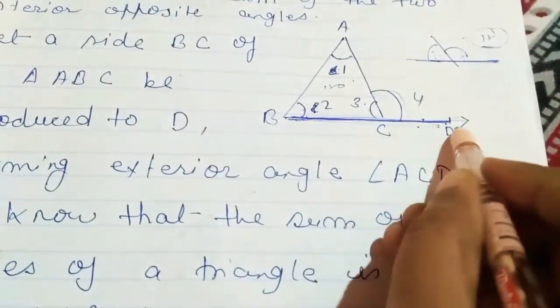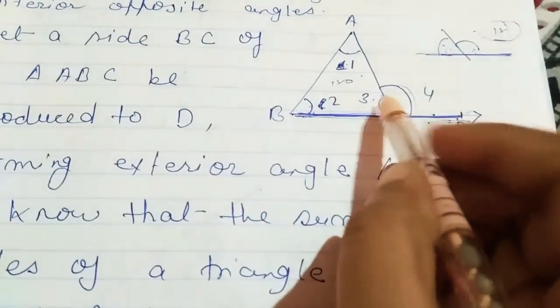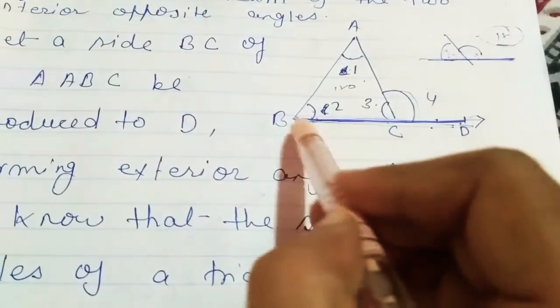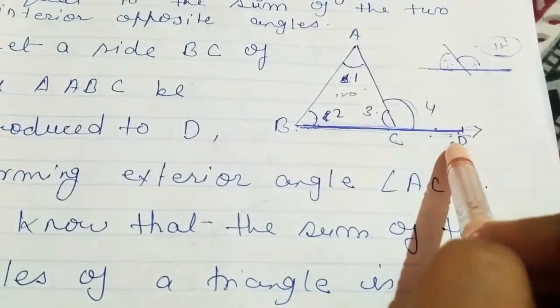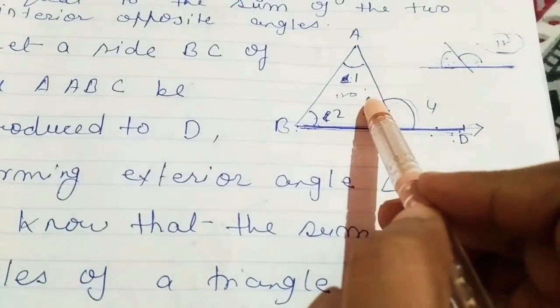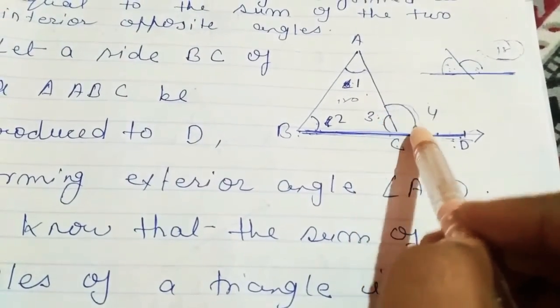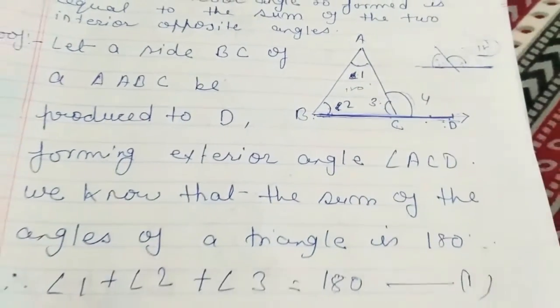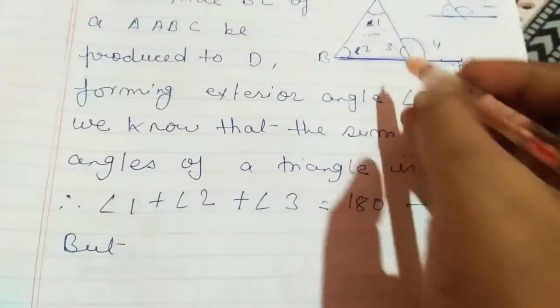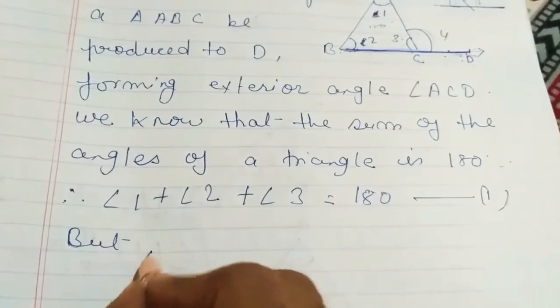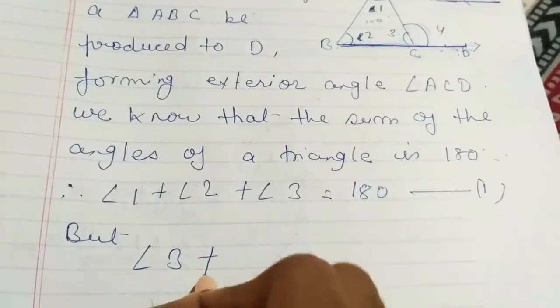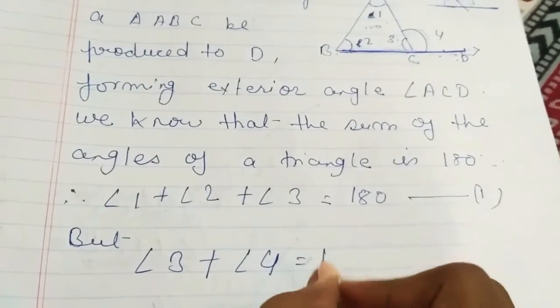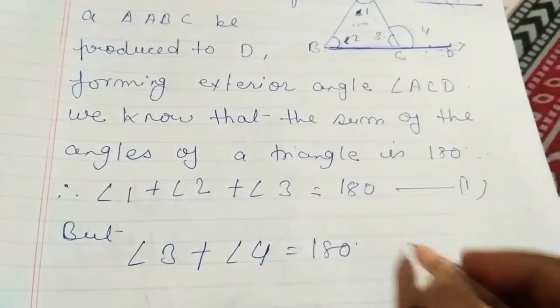Okay, so this line is straight line, and angle ACB and angle ACD are linear pair, so measure of linear pair is 180. You can write here then angle 3 plus angle 4 equal to 180 by which property?